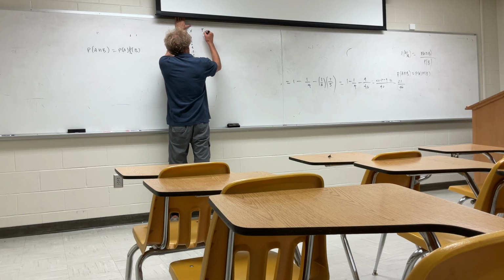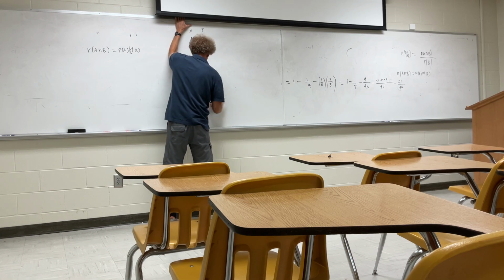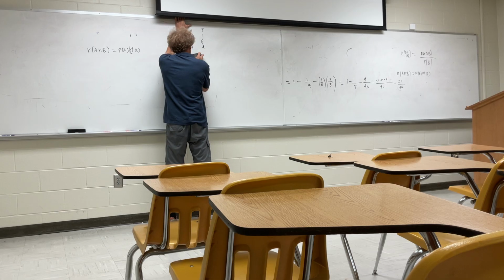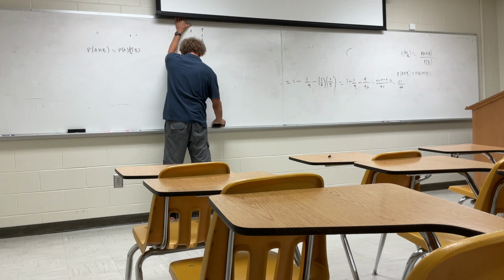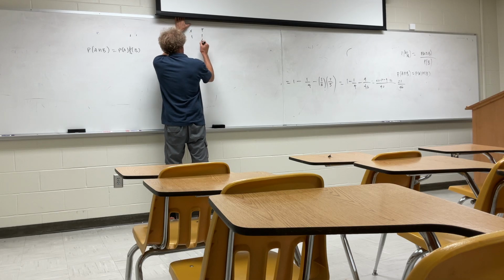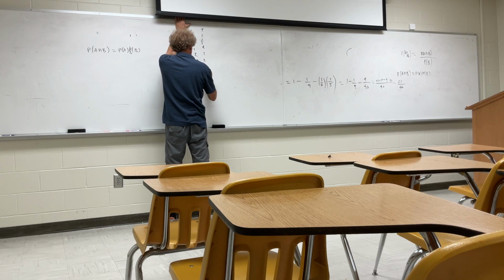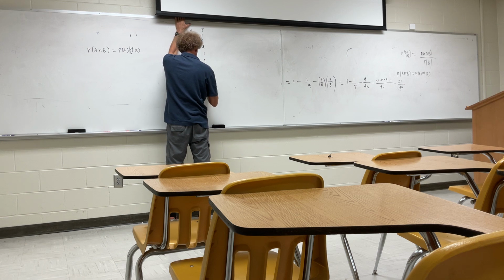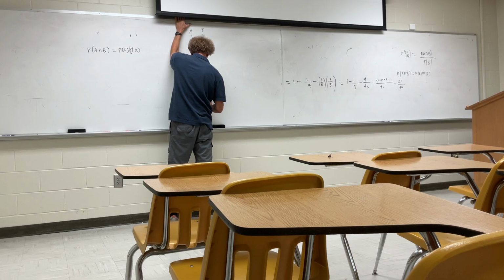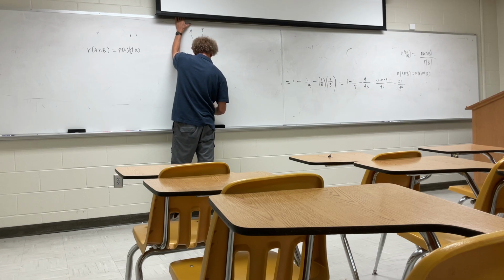Then for Y, you get 1, 2, 3, 4. Actually, I should do it this way: 1,1, 1,2, 1,3, 1,4, 2,1, 2,2, 2,3, 2,4, 3,1, 3,2, 3,3, 3,4, and finally 4,1, 4,2, 4,3, 4,4.